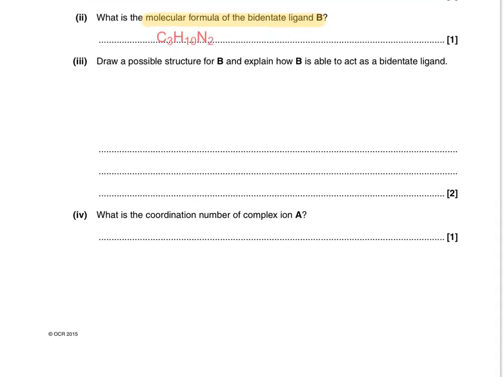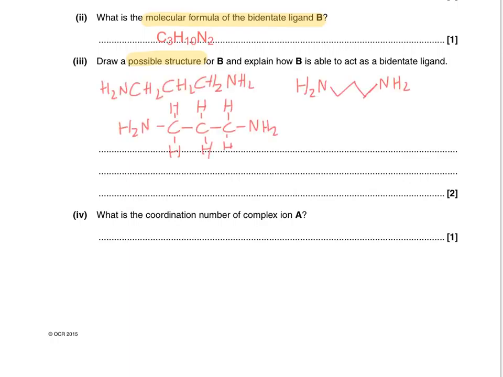So where it says draw a possible structure, that means that provided it's a correct structure, you're able to draw either the skeletal, the displayed, or the structural formula. So I'm going to put the 3 possibilities in. So anything along those lines, provided it's legitimate and correct, will get you that mark.